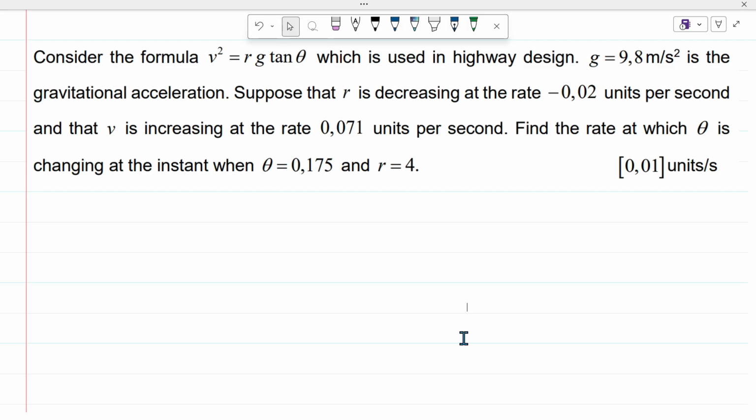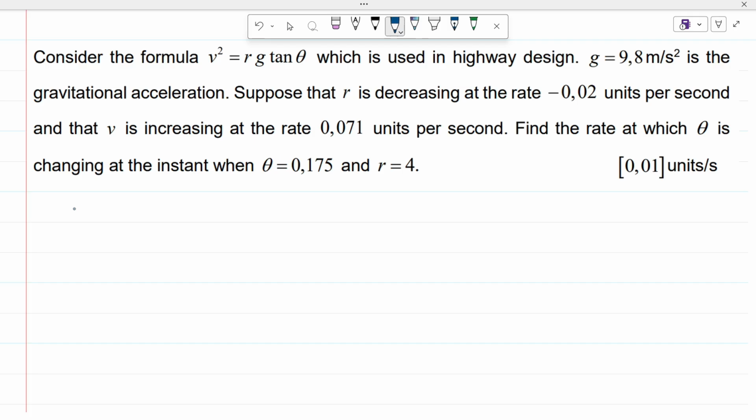So we should find the rate of change, right? So that means that we should manipulate the given formula of v squared into the one of rate of change. Okay, so let's go. So let's first rewrite that given equation in the form of v, meaning that I'm going to take the square root of both sides so that I end up having v as my subject of the formula, since we're given that v squared equals rg tan of theta.